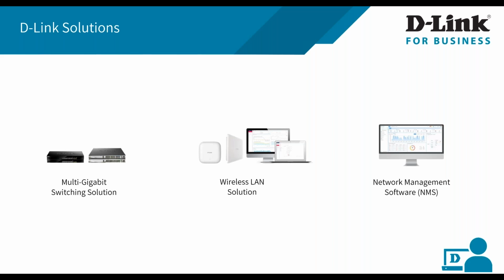The D-Link solution consists of a multi-gigabit Ethernet switching portfolio, then a wireless LAN solution, Wi-Fi 6 access points with a multi-gigabit uplink port, then network management software to monitor and manage the complete network infrastructure. So let us discuss the solution one by one.